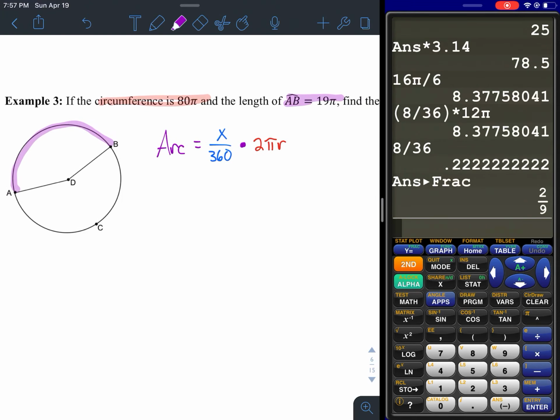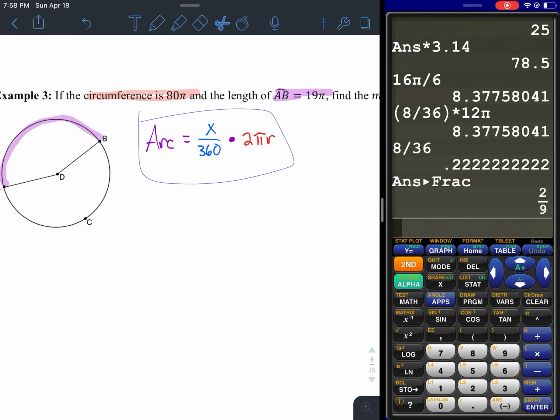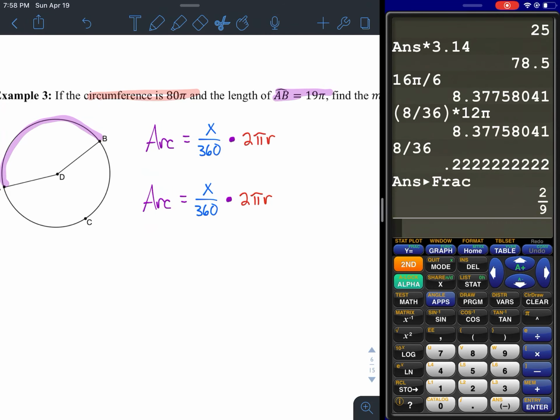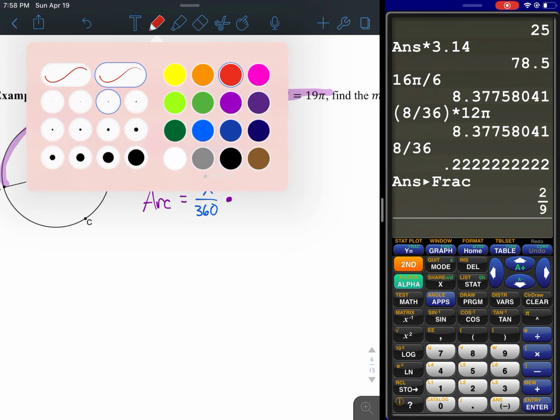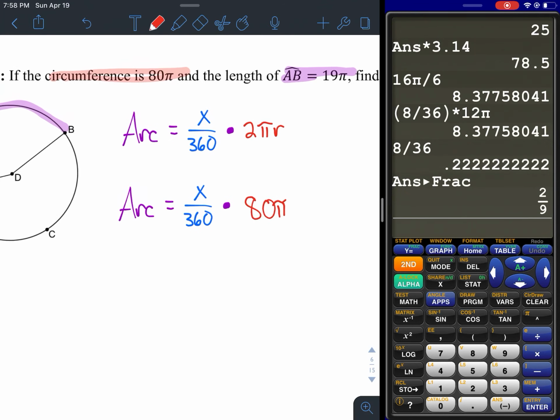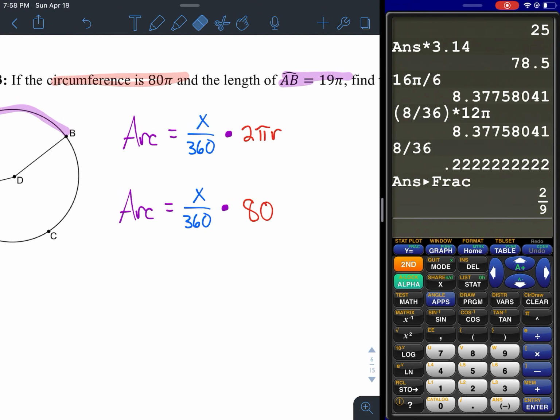All right, so we're essentially working backwards here. So since we know pieces of information, we can actually replace those pieces in our formula. So the piece that we can replace based off of the circumference being 80 pi is the red section that I highlighted before. So this section technically is considered 80 pi because that's part of the information that we're given.